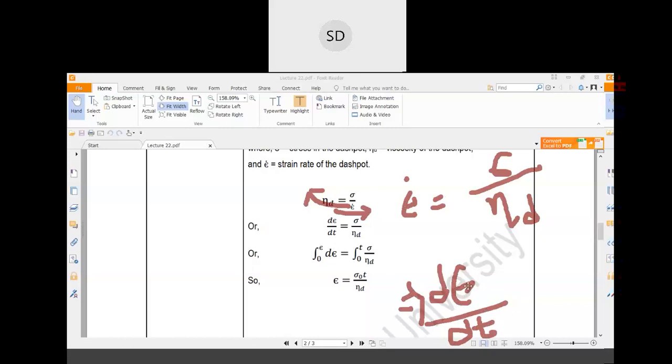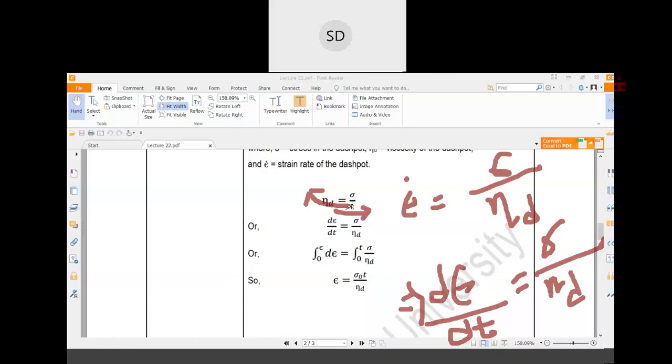Why is it so? Because strain changes with time, so it varies with time. Therefore, in this equation, dε by dt is equal to sigma divided by eta d.